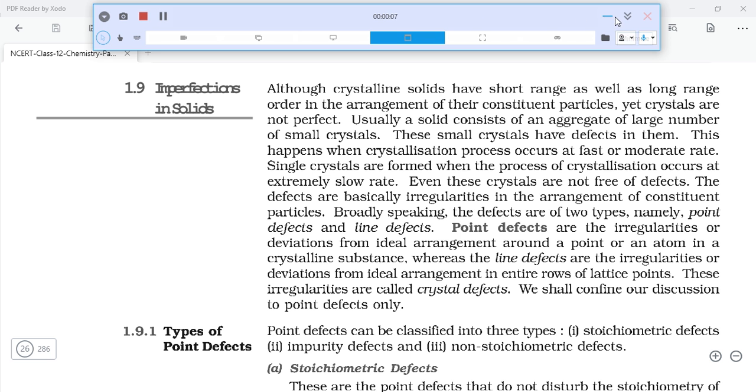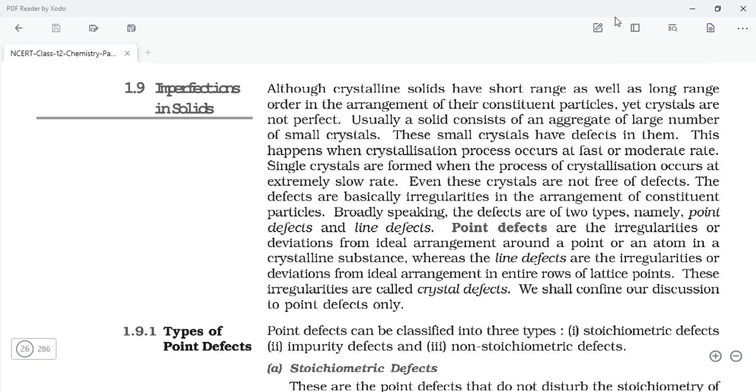In previous class, we have already talked about the packing efficiency in HCP and CCP structures, and there were some results that you were supposed to remember. 74% for the CCP structure, and 52.4% for the HCP structure.